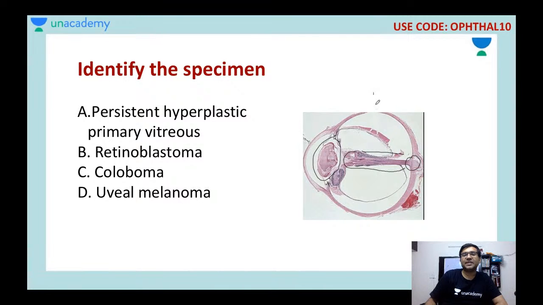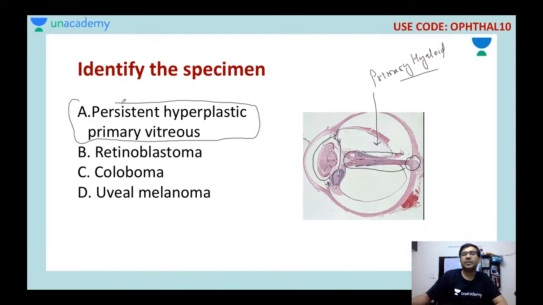So this is basically a primary hyaloid vessel. If this still remains in the adult life and it is hyperplastic, this is called persistent hyperplastic primary vitreous, PHPV. Sometimes PHPV can also present with leukocoria.